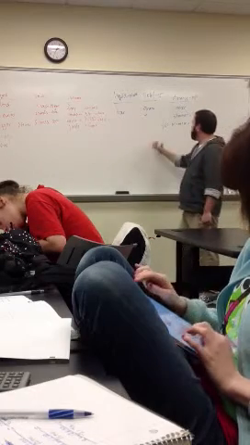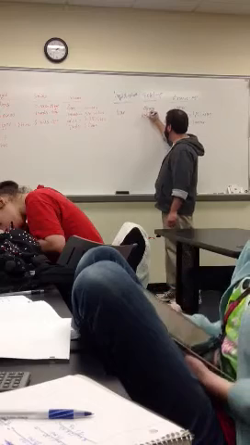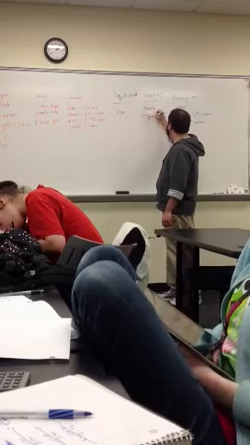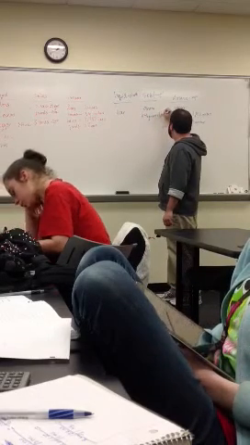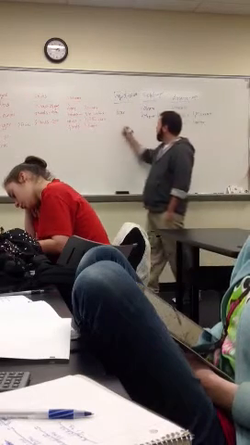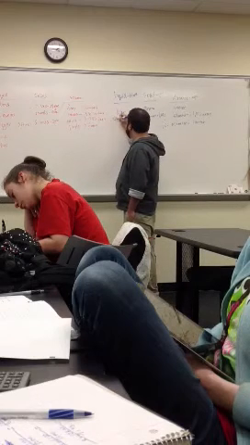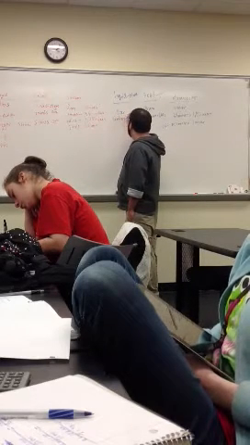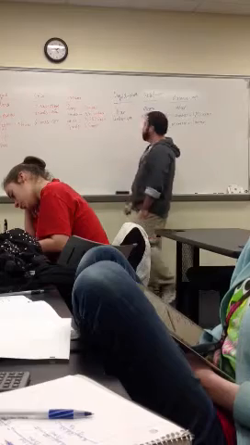All right? Same thing with gram. We just put this prefix. You guys seeing a similarity here? A kilogram equals 1,000 grams. How many liters are in a kiloliter? 1,000. Pretty simple.